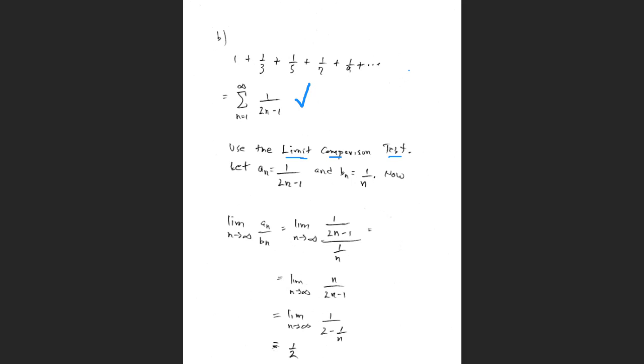So indeed, we'll let a sub n be 1 over 2n minus 1, and we'll let b sub n be, well, actually, you know what I'm going to do, class? I'm going to do something a little different. I'm going to let b sub n be 1 over n. I could let b sub n be 1 over 2n, but I'm going to let it be 1 over n. And you'll see why. So let me give you a moment to copy down to here.